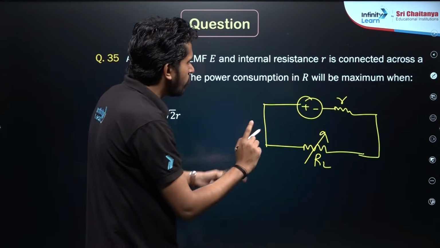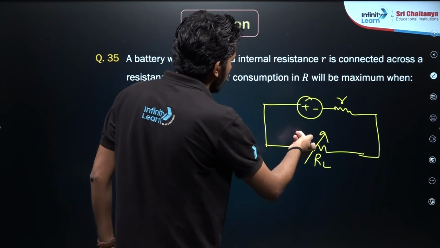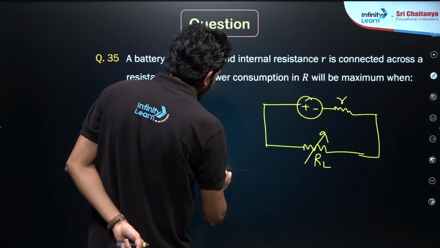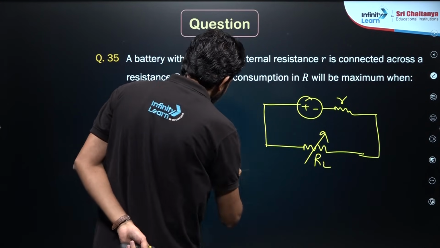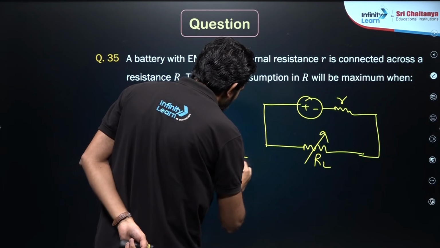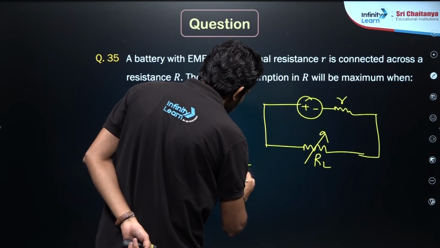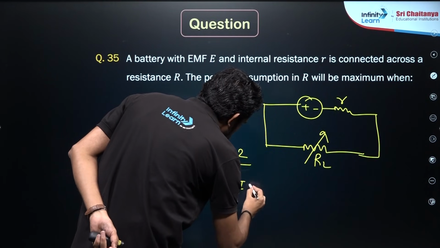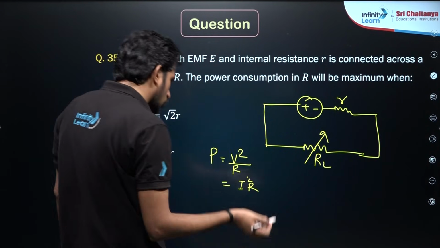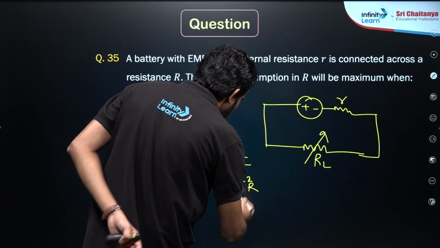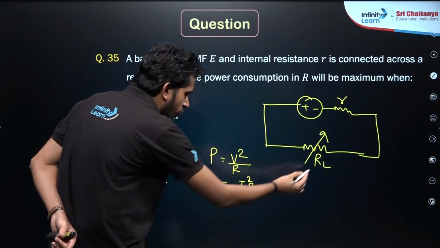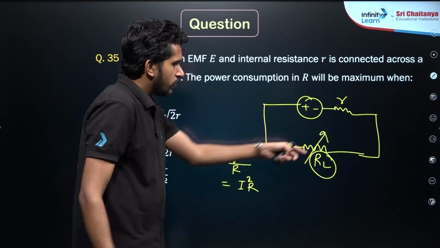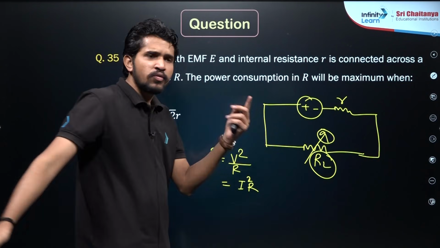But how do we do it? We directly do that. Power is V square by R, or I square R. Whatever you want, you can apply. Because this is load, this sign means this is variable.